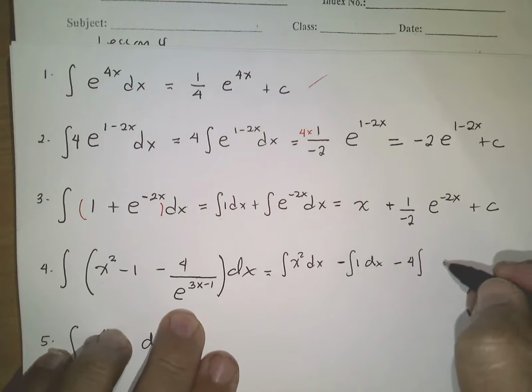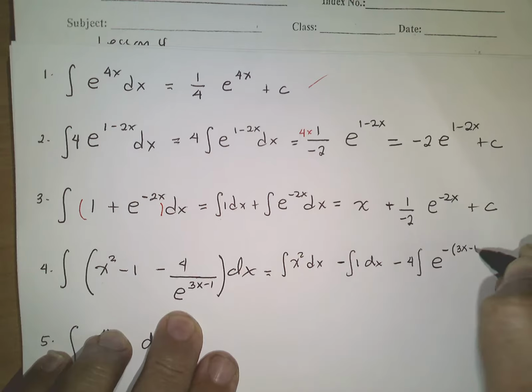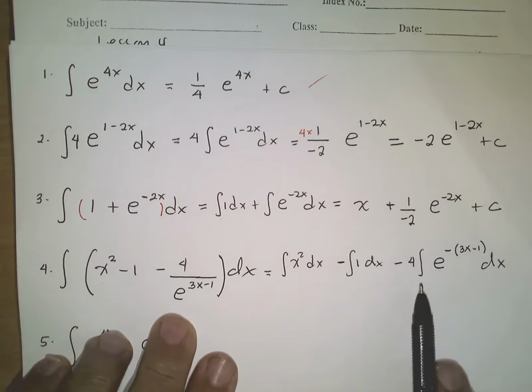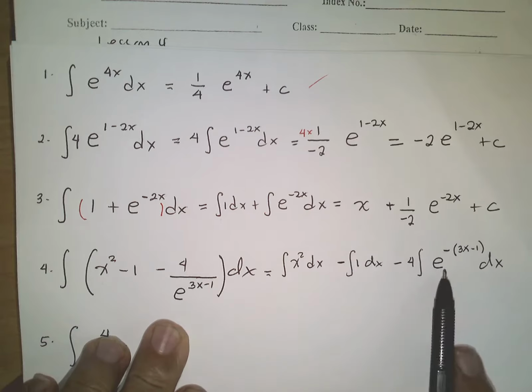Then this one becomes e raised to negative 3x minus 1 dx. If you don't understand how this expression becomes like this, you may pause the video for a while and try to analyze.